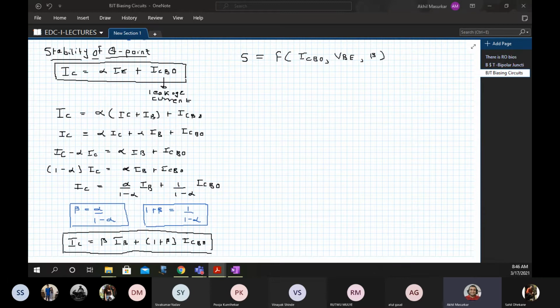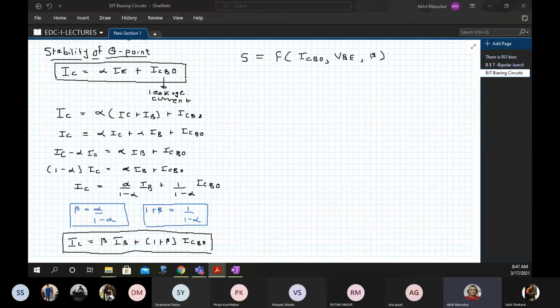But the most significant parameter here is ICBO, because the leakage current increases like anything with temperature, whereas VBE and beta do not change much with temperature. Beta actually increases with increase in temperature. VBE decreases about 2.5 millivolts per degree Celsius with an increase in temperature, because VBE is KT by q ln of NA ND upon ni square.